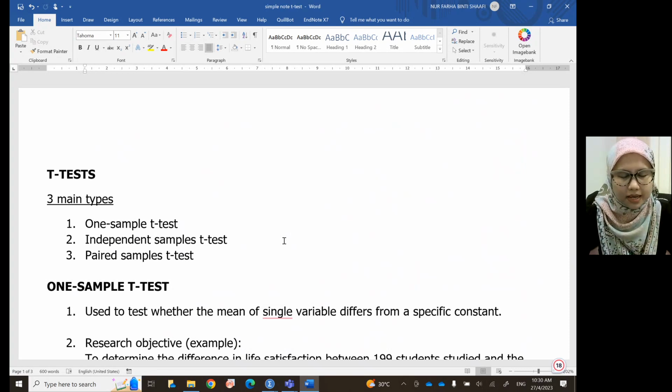So please bear in mind, before you decide to use a t-test in your research, you need to make sure your data are normally distributed.